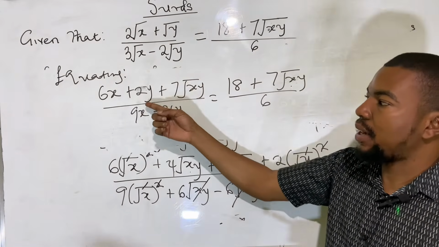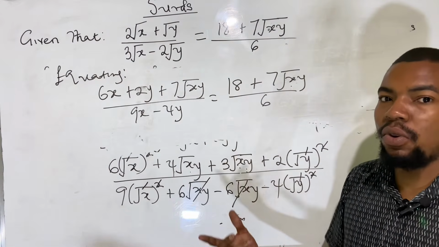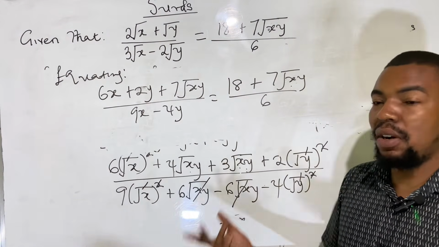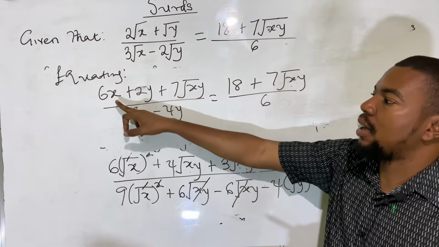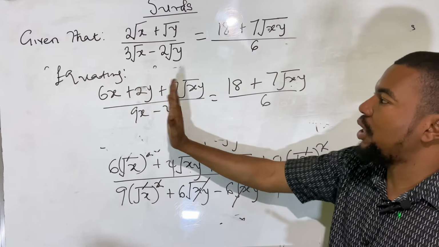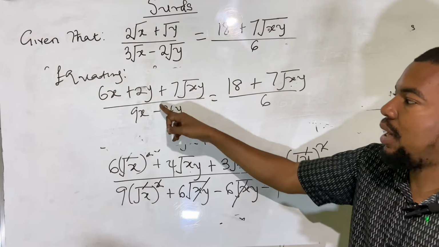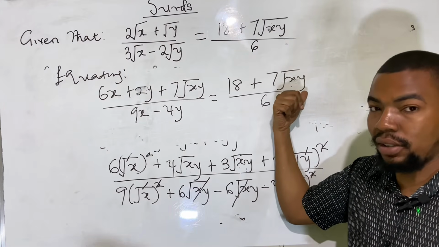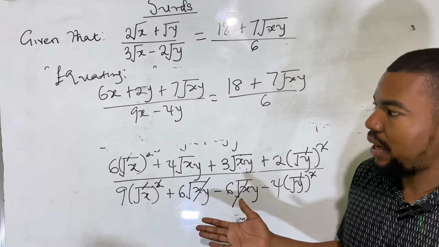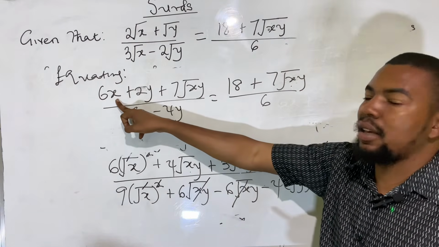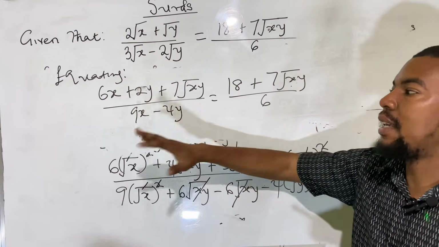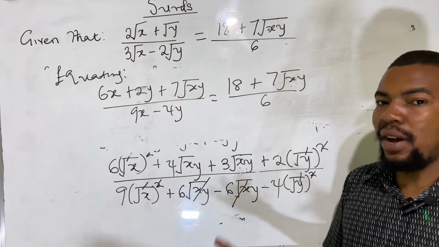Mathematically, a rational number cannot equal an irrational number. So it's not really possible. So since the rational on the left equals the rational on the right, and the irrational on the left equals the irrational on the right, what we can do right now is to equate the rational parts and solve simultaneously for x and y.